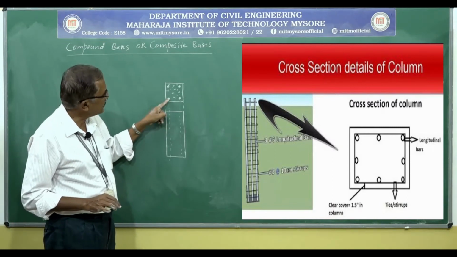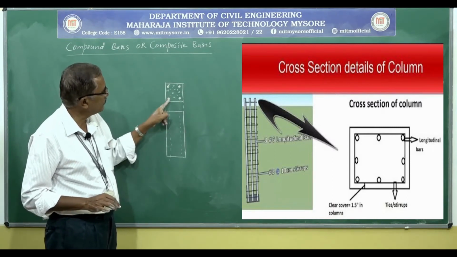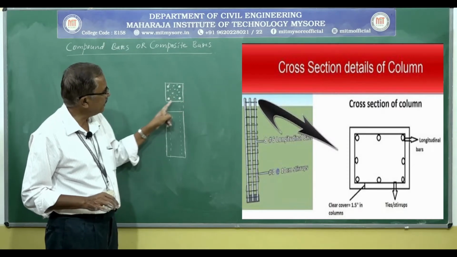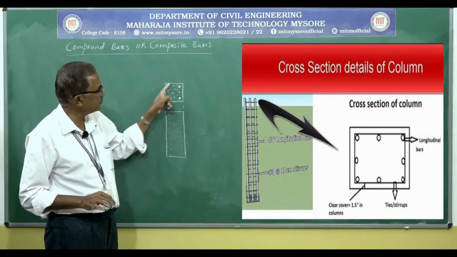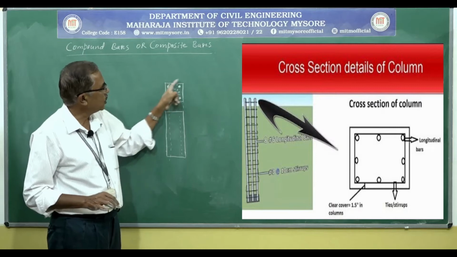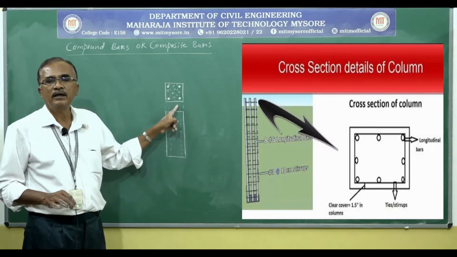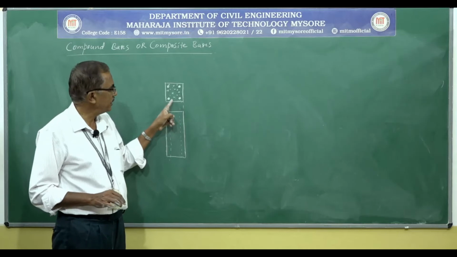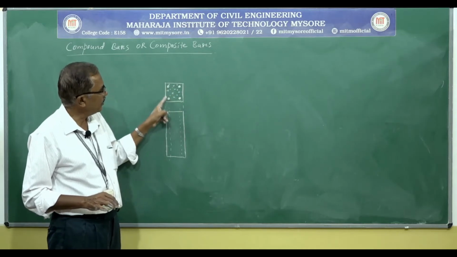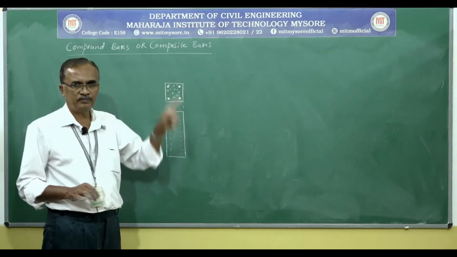You can see here the cross sectional area of steel, only 4 rods. Only this cross sectional area of the steel is a fractional area, it covers only a fraction of the total cross sectional area of the steel and concrete, whereas the cross sectional area of concrete is more.